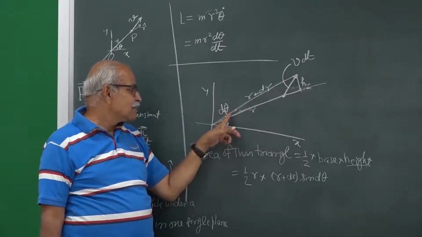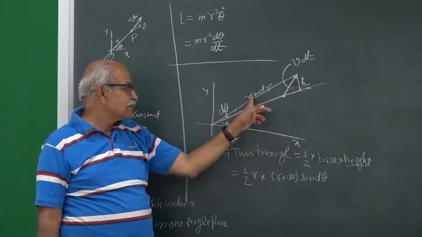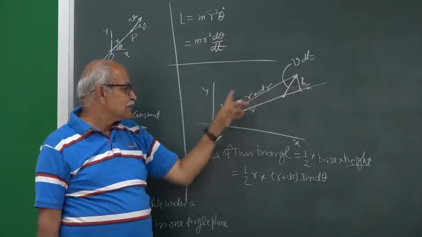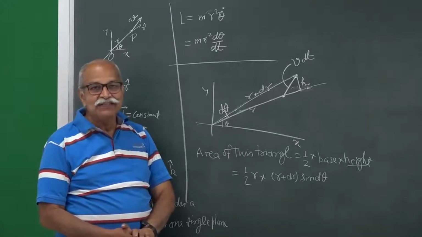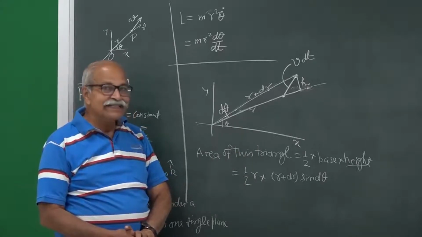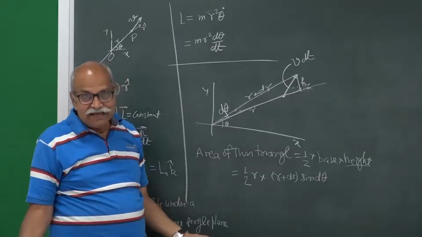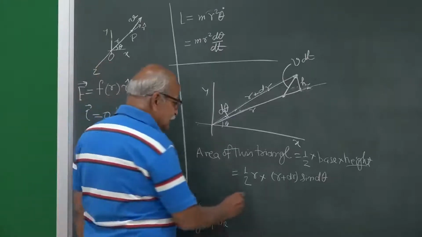So, sine d theta will be this h divided by r plus dr, and h will be r plus dr into sine d theta. But since the angle is infinitesimally small, sine d theta is same as d theta in the limit.